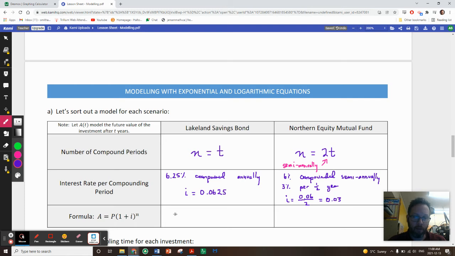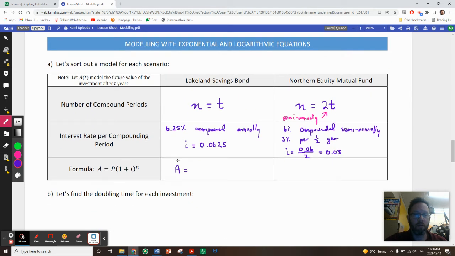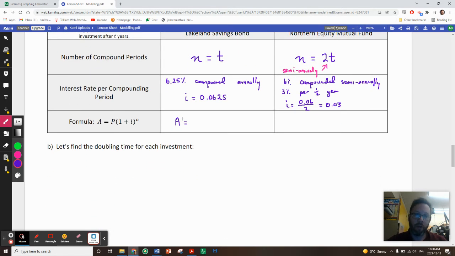So now we can create a model for each. For the Lakeland Savings Bond, the future value is the initial value, which in our case is 50,000. Let's plug that in. Our value for i is 0.0625, so 1 plus that is 1.0625. And the number of compounding periods is just the time in years.